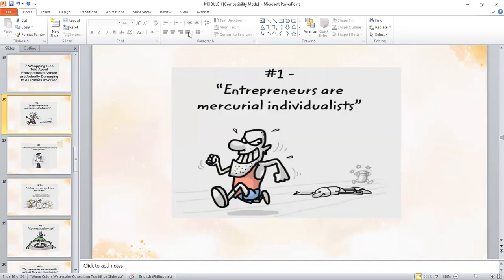You can place on the chat box your idea of this. Let's see, what do you think this means? Let me check. Mercurial individualist.